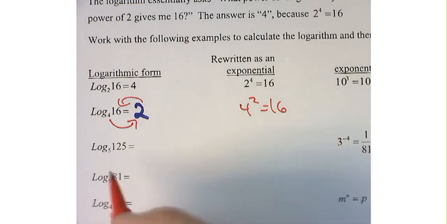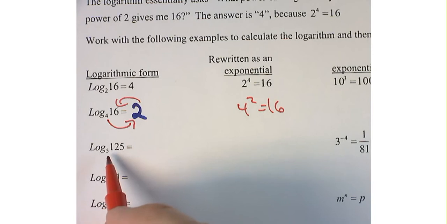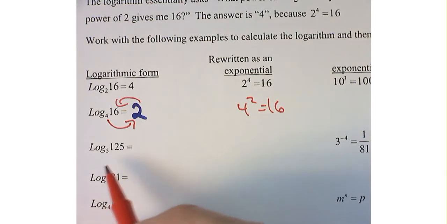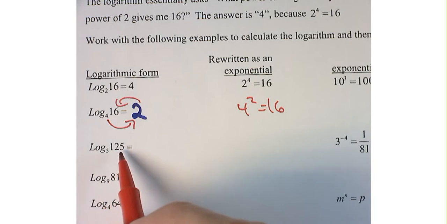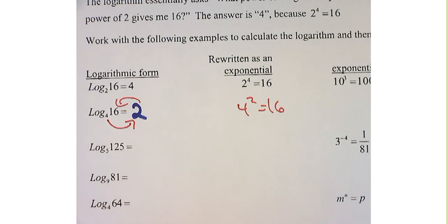Let's move on down here a little bit. And the people in class here have a little bit of an advantage because on the right-hand side of the front board, I've got the first 11 perfect cubes and the first so many perfect squares. What power of 5 gives me 125? Let's see, 5 to the first power is 5. 5 to the second power is 25. 25 times 5 is 125.